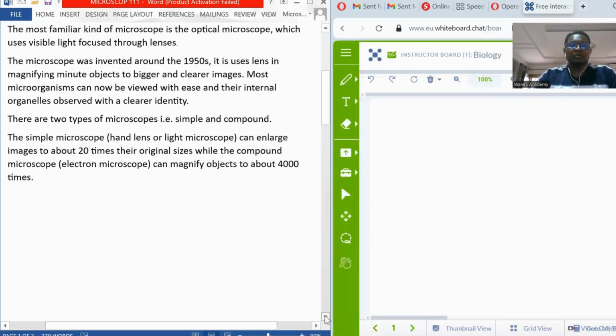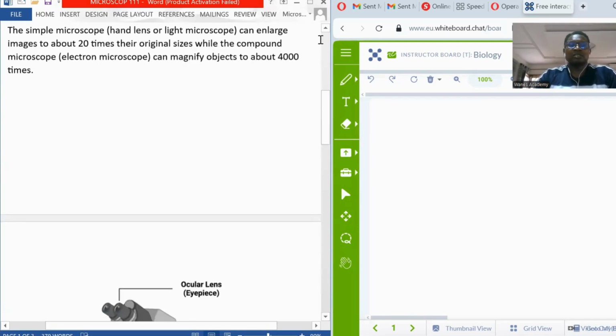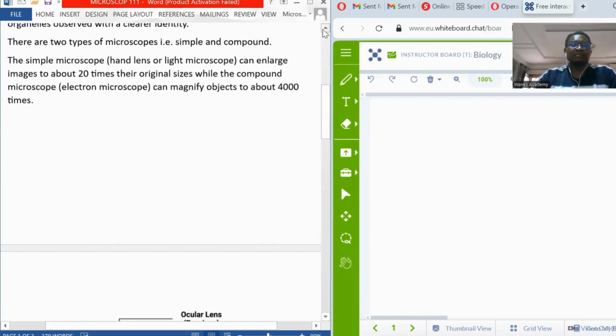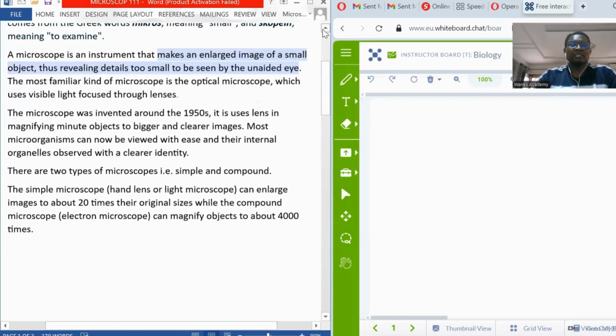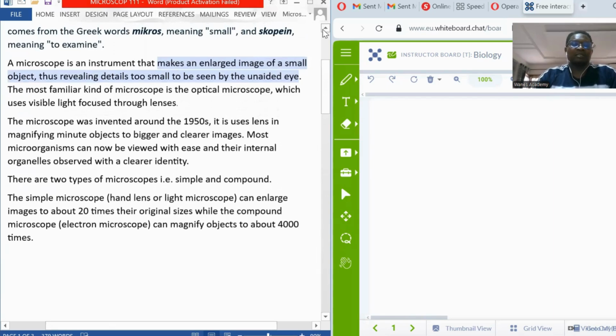The simple microscope includes the hand lens, which can be used to magnify images to about 6 or 7 times. It also includes the light microscope, which works on the basis of sunlight, where sun rays are directed through the mirror of the microscope into the condenser to the specimen, which is viewed through the eyepiece.